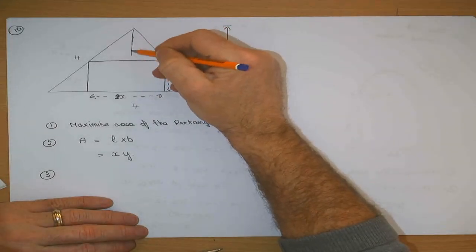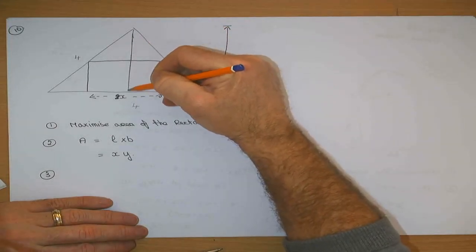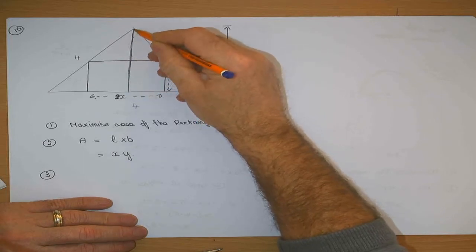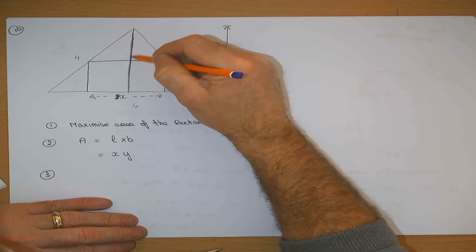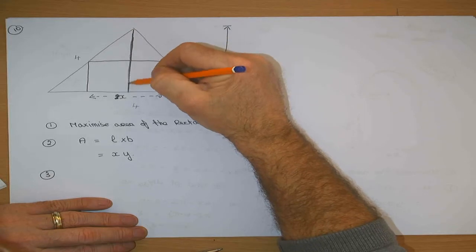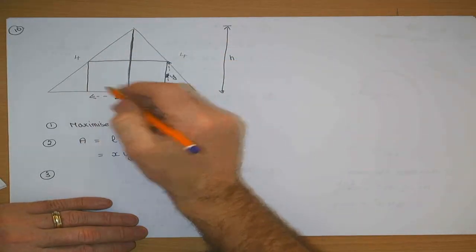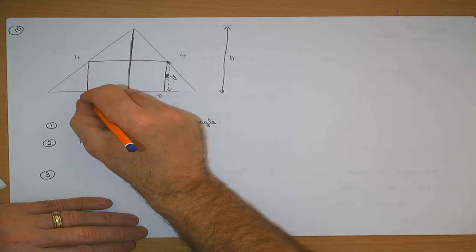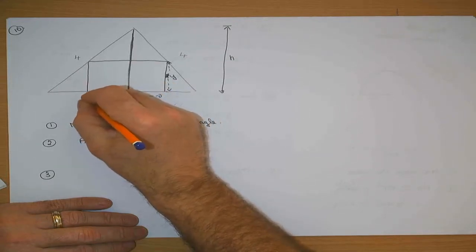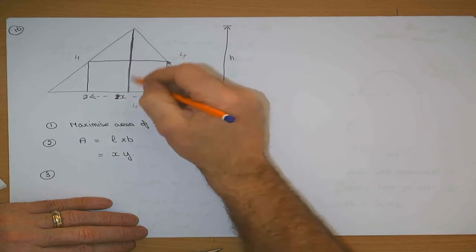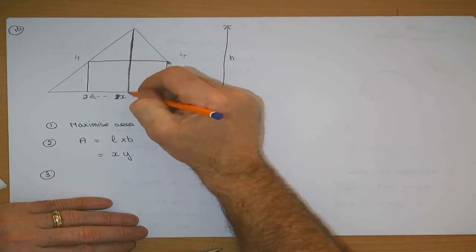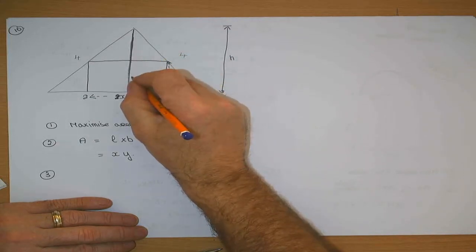And if I draw that line down there, if that's 4, what would that be? 2? Are you all alright with that? And what's that there? Y?